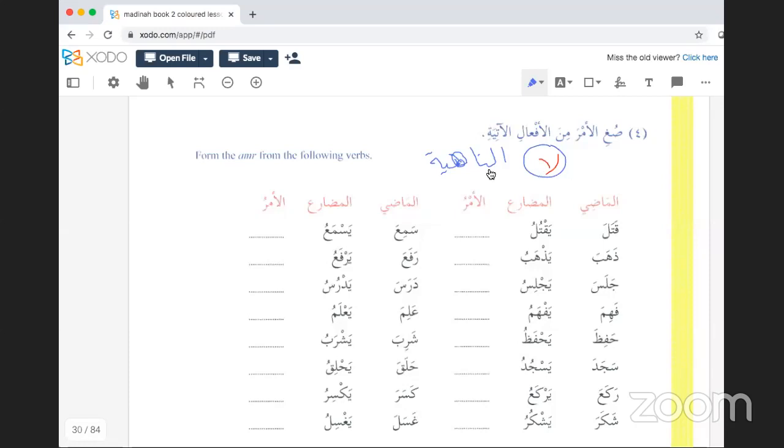Okay. La an-nahiya. And la an-nahiya, what it does is that it enters upon fi'l mudari'. So again, you need fi'l mudari'. But what does it do this time? You keep the fi'l mudari' exactly as it is. The only thing you do, that fi'l mudari', which is preceded by la an-nahiya, this is majzoom.